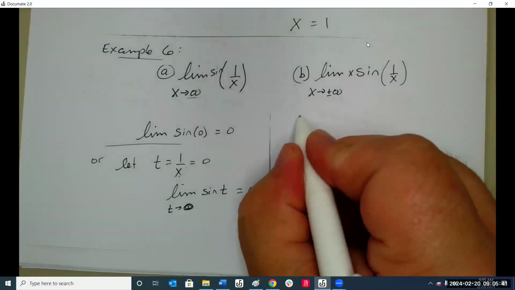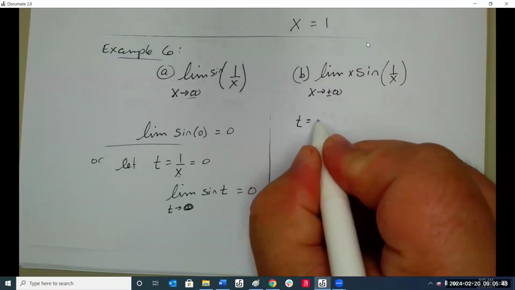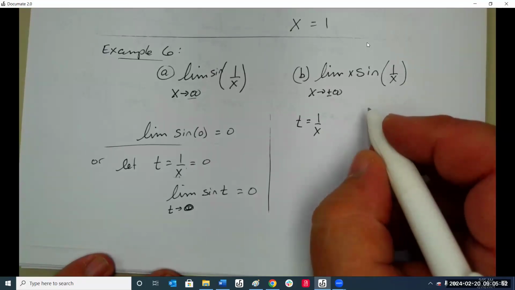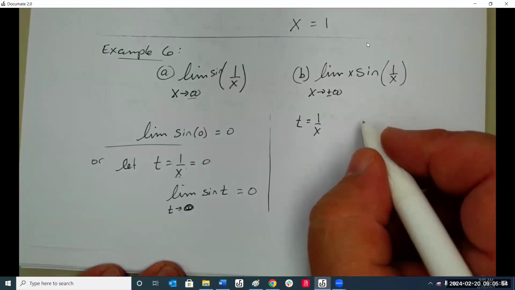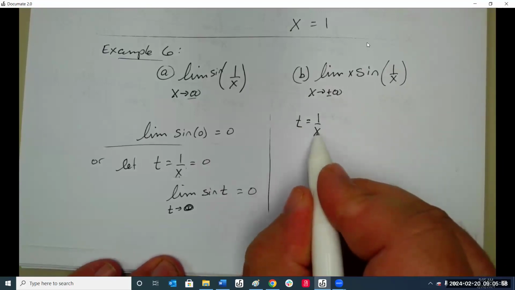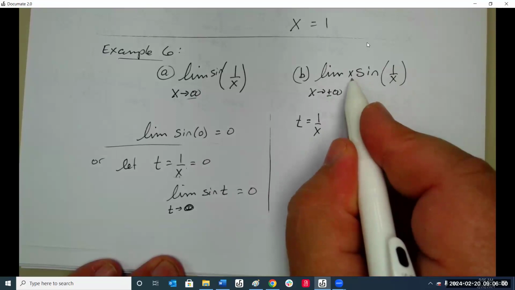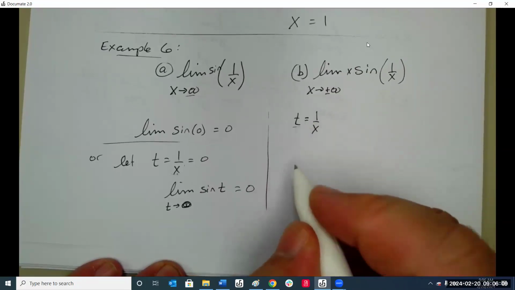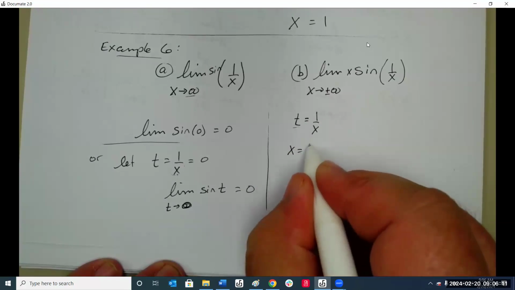So if we let t equal 1 over x, what does that give us? If t is equal to 1 over x, what is x? Flip them. So x is equal to 1 over t.